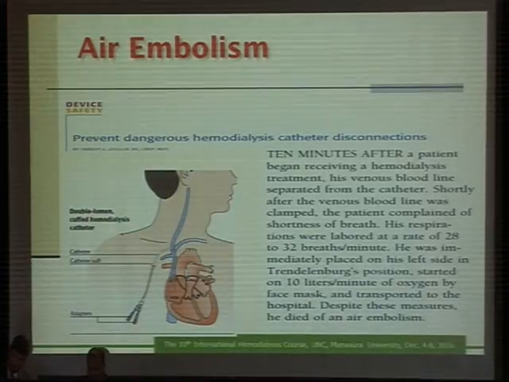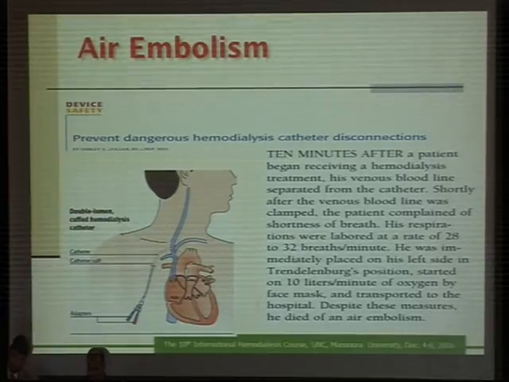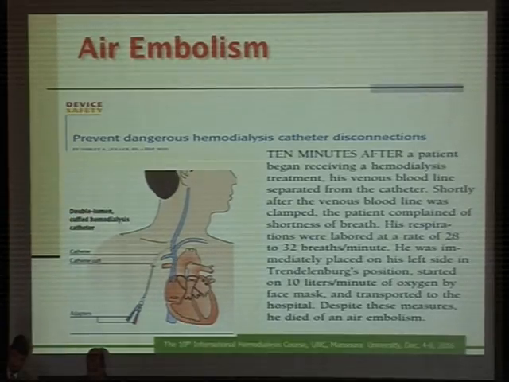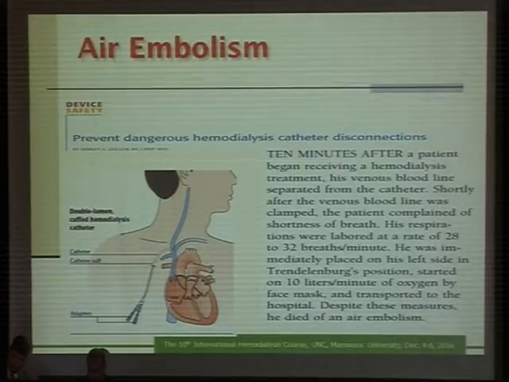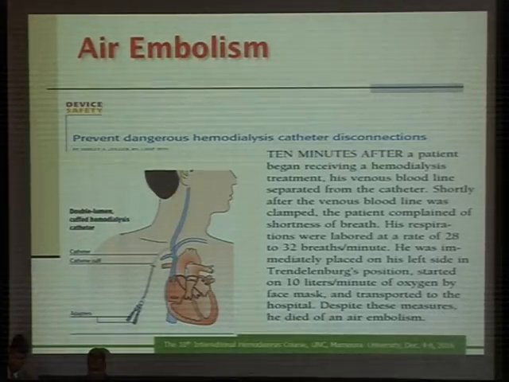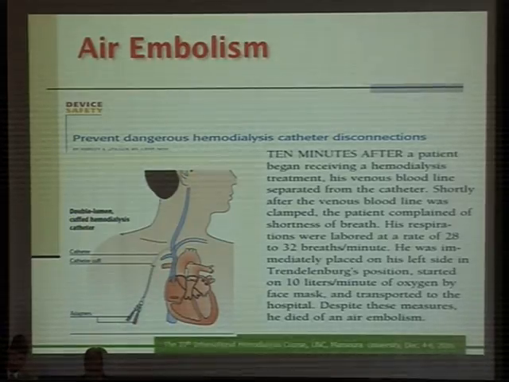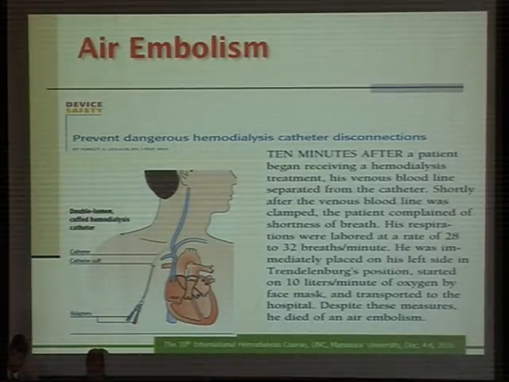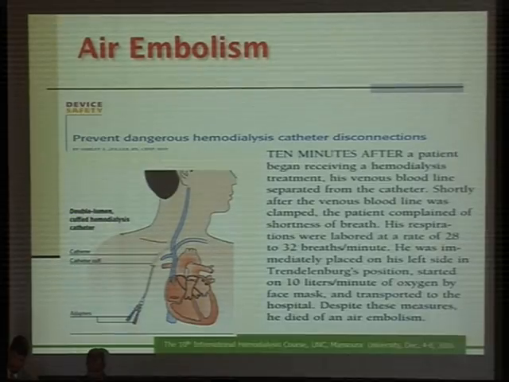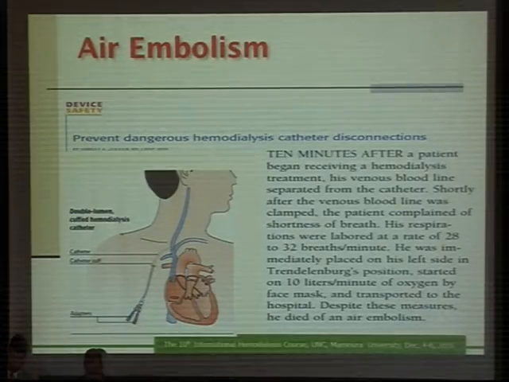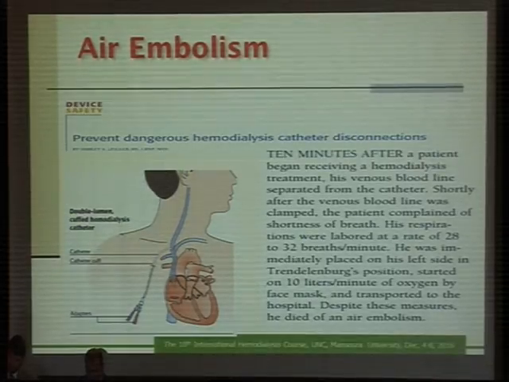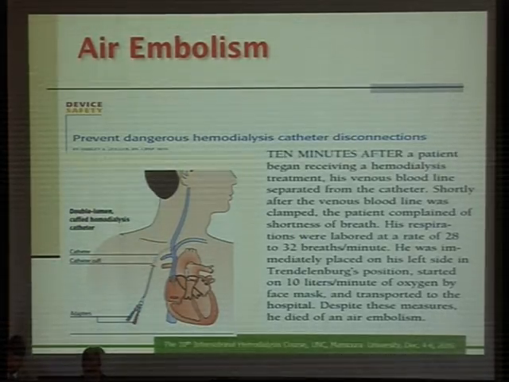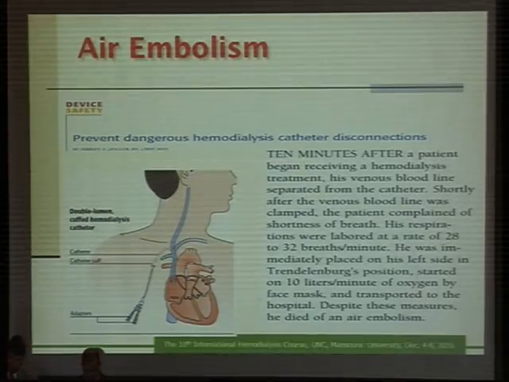And this is a common scenario for the development of air embolism. It's usually 10 minutes after the patient begins to receive his dialysis session. The venous blood line separated from the catheter, and shortly after the venous blood line was clamped, the patient complained of shortness of breath and increase in respiratory rate.